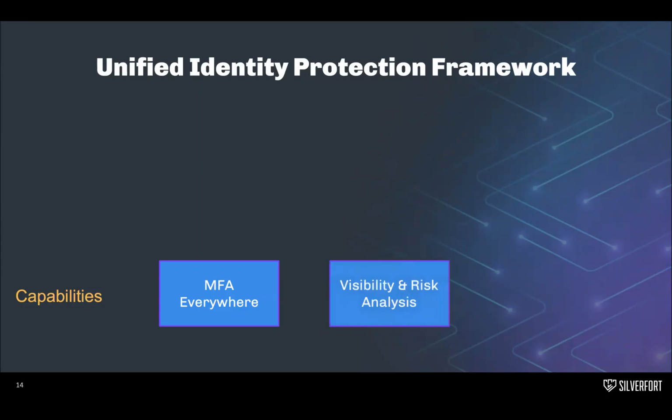The second one is visibility and risk analysis across all access attempts made by all users. Okay, and all users here is tricky because, of course, there are human users, I mean, your employees, but as I'm sure most of you know already, you also have a lot of non-human users. You have service accounts. You have a lot of accounts that are created behind the scenes that are used for machine-to-machine communication.